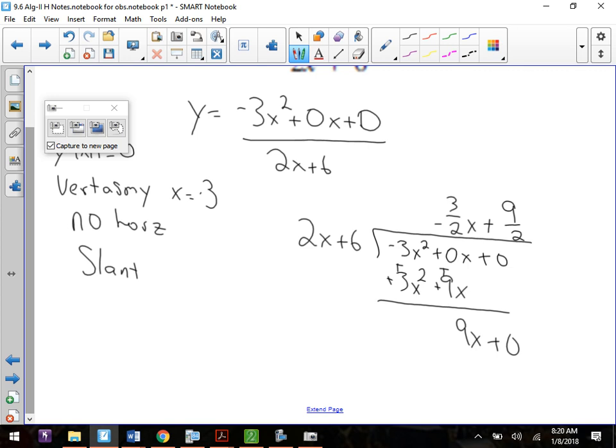And I know it's going to work. I don't have to complete the rest of that out. And that gives me my slant asymptote in slope-intercept form. Like that. Not so bad, I hope.